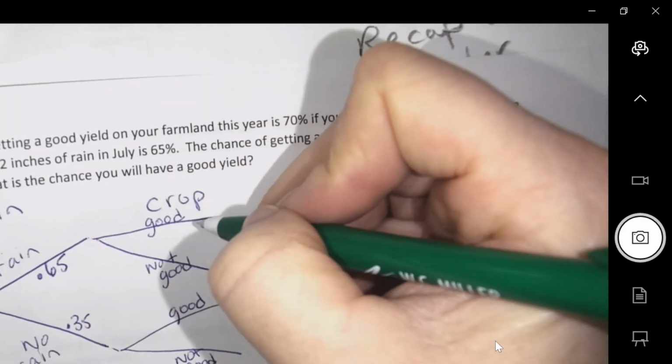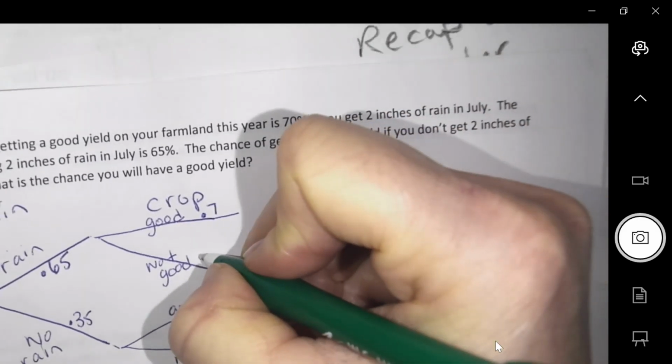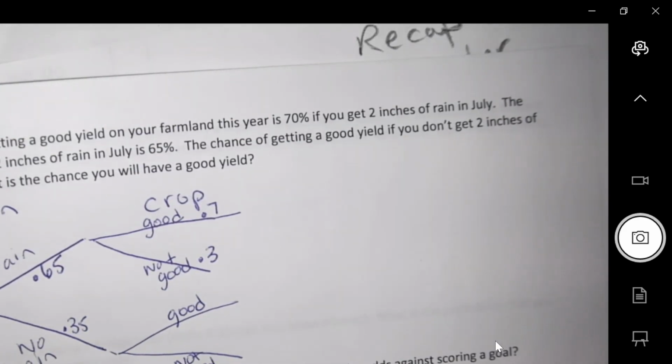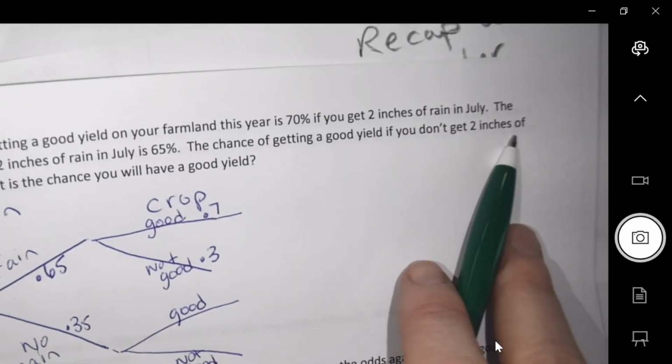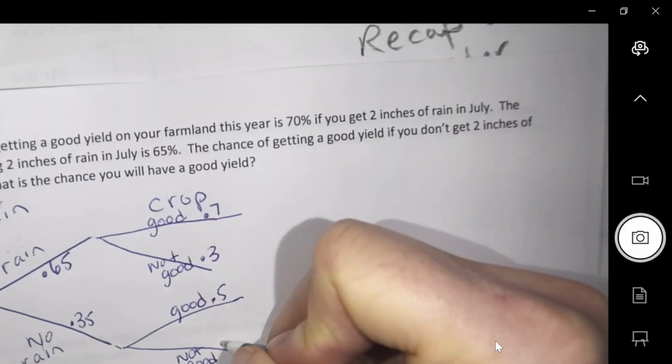So if you get the rain, 70% good, 30% chance of not good. And then the last part there, the chance of getting a good yield if you're not going to get the rain is a 50 chance. So 50-50.